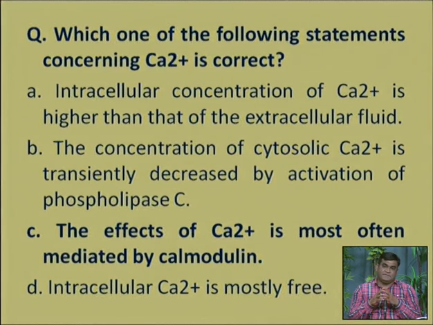These ryanodine receptors become accessible either via IP3 or calcium ions. So once calcium ions or IP3 bind to them, they will open and allow calcium ions from the lumen of the endoplasmic reticulum into the cytosol. Sometimes this is also called CICR, that is calcium induced calcium release, the release of calcium induced by calcium ion itself. So the effect of calcium ions is most often mediated by calmodulin. This is correct.